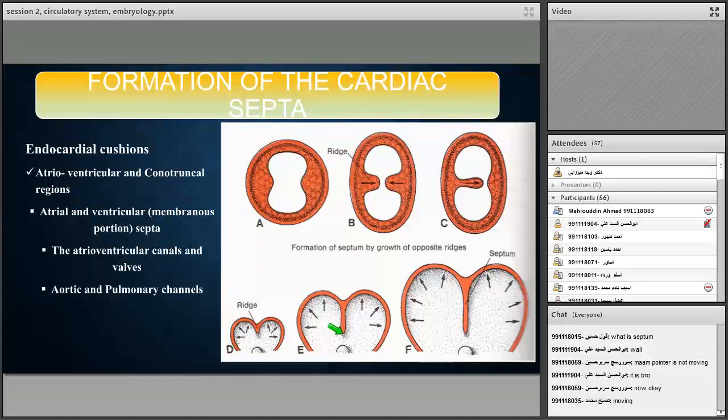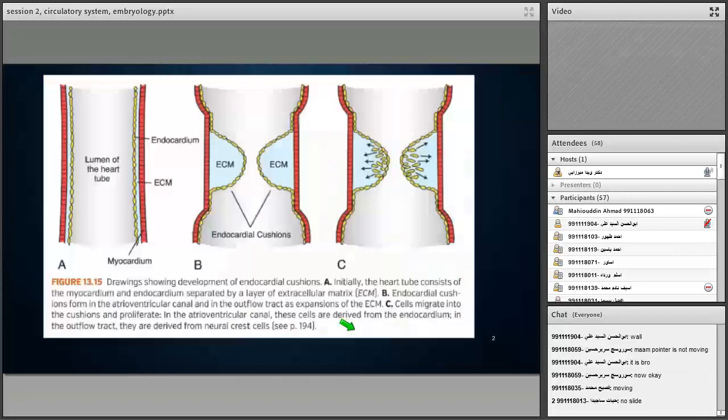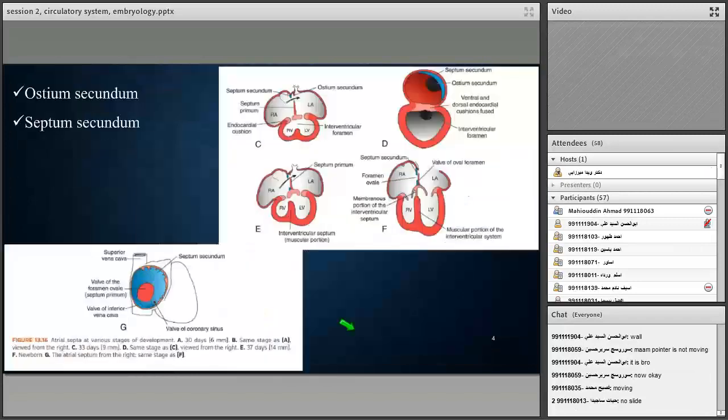We will just see a foramen, a duct we can say, remaining in the lumen. So this is the general form of the septum formation.